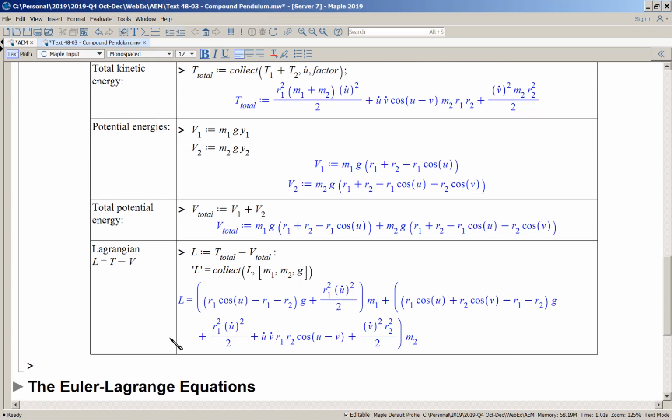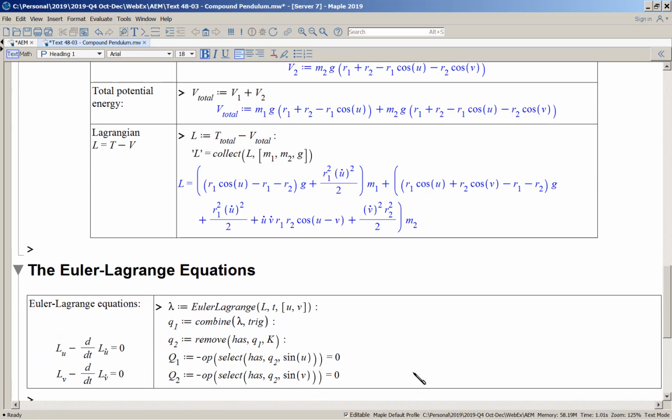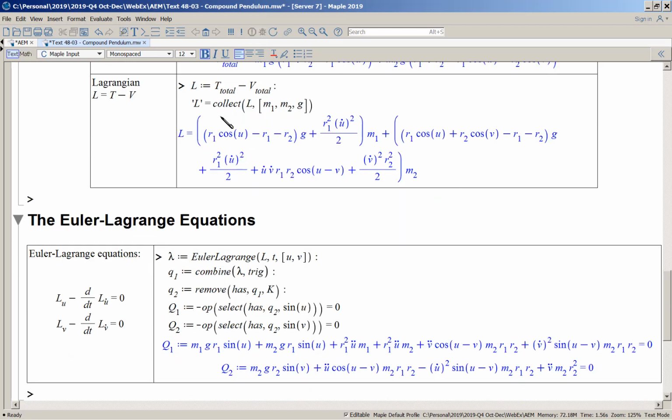Now the Euler-Lagrange equations can be obtained in Maple with an Euler-Lagrange command. That's this command here. And I've applied a little bit of simplification. What gets returned by the Euler-Lagrange command are not only the Euler-Lagrange equations, but any first integrals that it can find.